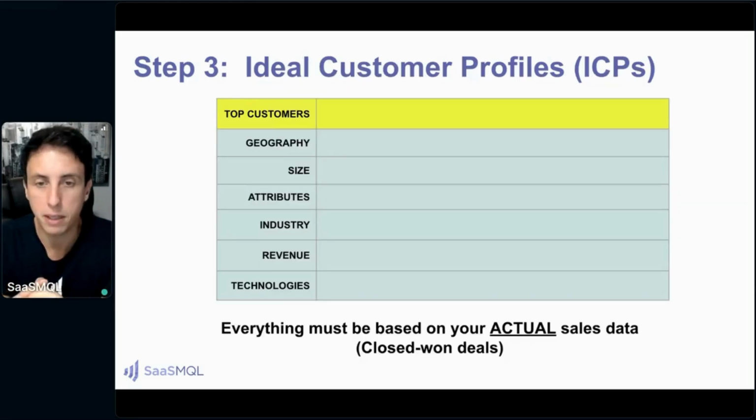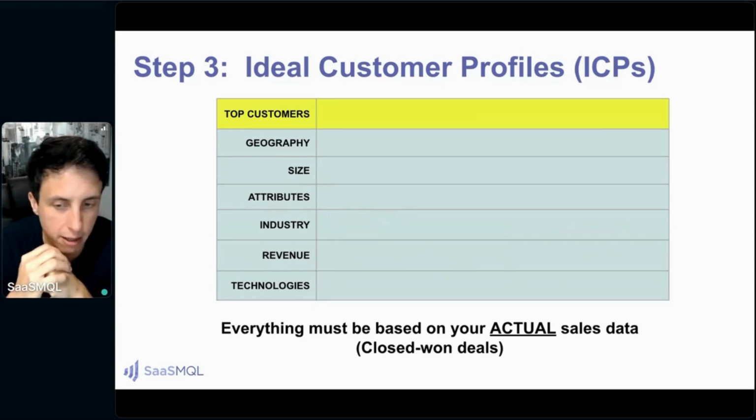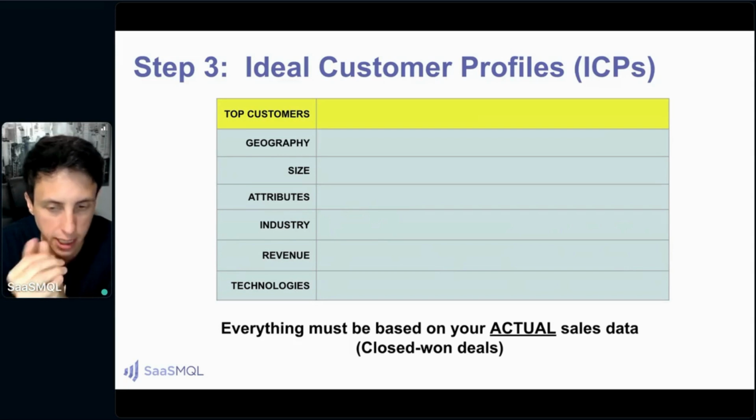So the next step is to really build your ICP, your ideal customer profile. And I mentioned again the specific attributes, but everything here should be based only on your actual sales data from Salesforce, from HubSpot, from your CRM, about your closed won deals, but not every closed won deal, just your best.